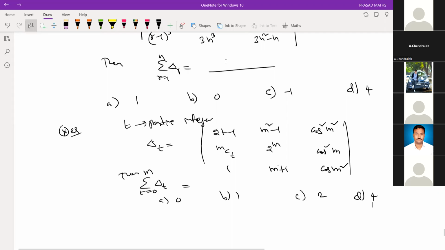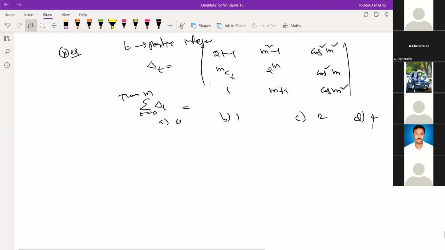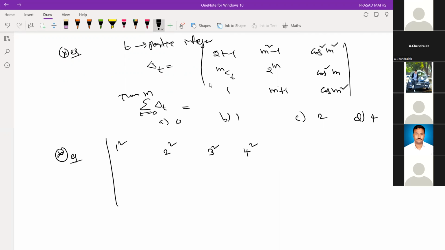Next problem. It is also an exercise. Do it at home. 1 square, 2 square, 3 square, 4 square; 2 square, 3 square, 4 square, 5 square; 3 square, 4 square, 5 square, 6 square; next 4 square, 5 square, 6 square, 7 square.